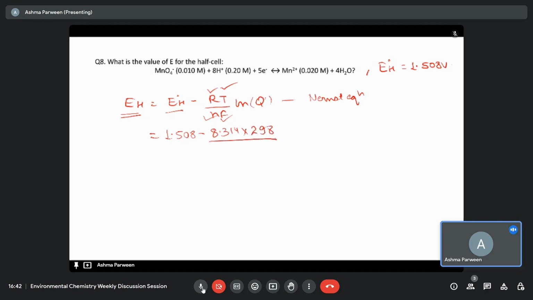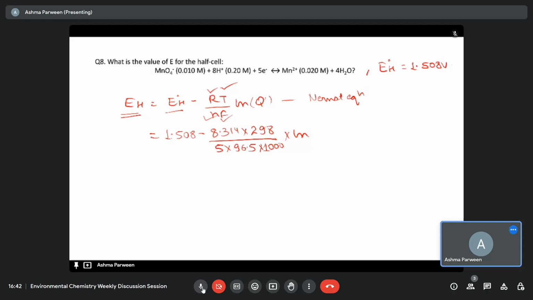Upon number of electrons involved is 5. Into Faraday constant, it will be 96.5 kilojoule per volt. So we will multiply it by 1000, because R is 8.314 joule per Kelvin per mole. So F will also be in joules, into ln.